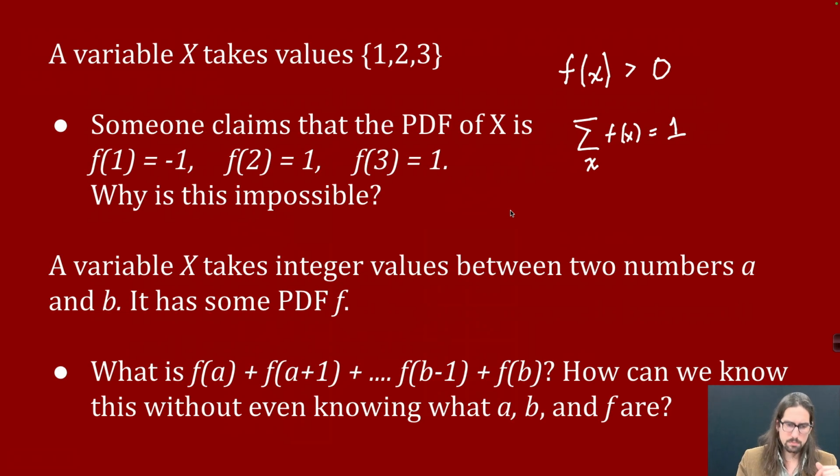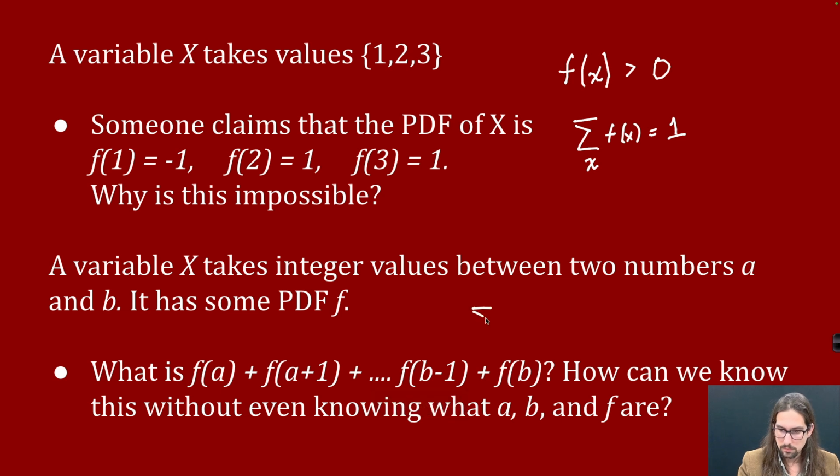So let's look at the next problem here. Let's say that a variable x takes integer values between a and b, and it has some PDF f. Here I'm asking, what is f of a plus f of a plus 1 plus and so on, up to f of b? And how do we know this without even knowing what the density is and what a and b are? Some of you may recognize that this is exactly this up here, right?